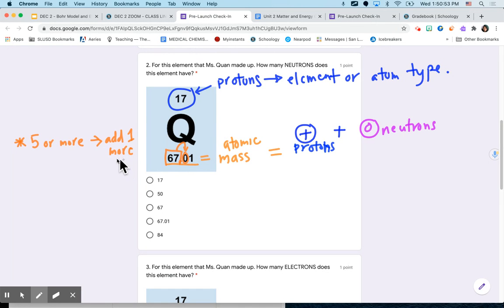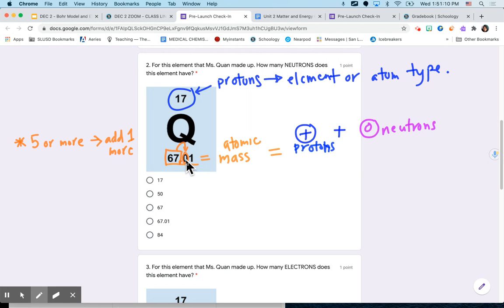This means that if this was a number 5, 6, 7, 8, or 9 in the area that I circled, then I'm going to add 1 more to 67, making it 68, right?